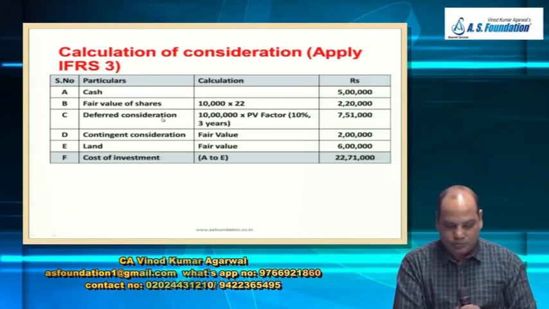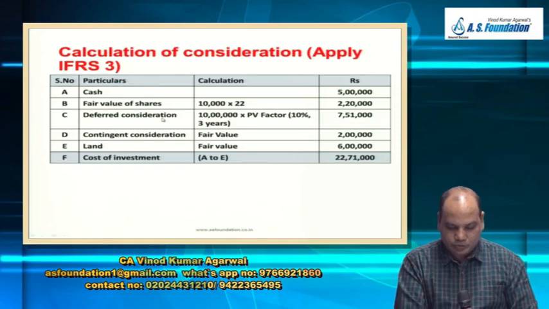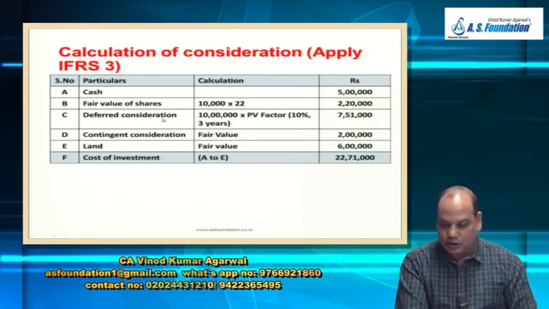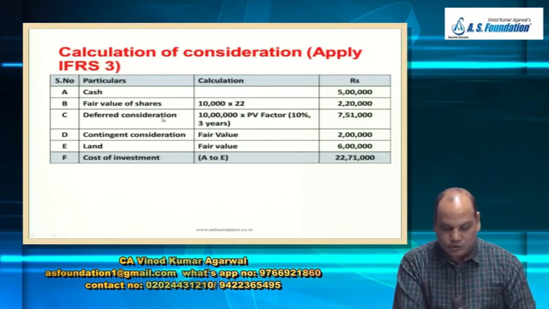Then write down next point C. Deferred consideration, 10 lakh into PV factor, around 7,51,000. 315. Write that also if you want.